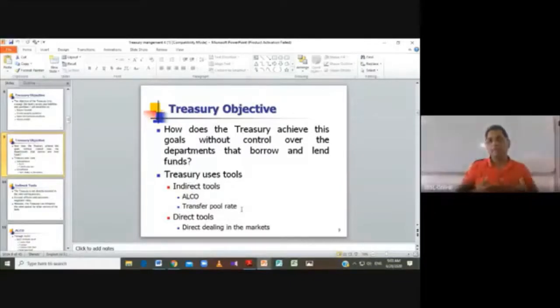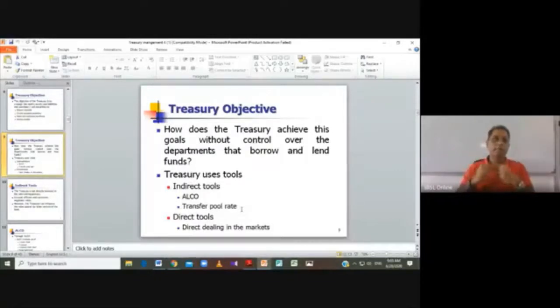The indirect tools have more to do with how the treasurer will manage the pool of funds that he has already collected, and where he sets his transfer pricing policy. By using the transfer pricing policy, the treasurer can make sure that the bank is borrowing and lending at the rates he feels are optimal for the organization. For example, if a branch wants to go out and borrow at 12%, and the lending guy wants to lend at 14%, the Treasury says: if you are going to do that, that's fine, but this is where the transfer pricing rate should be.